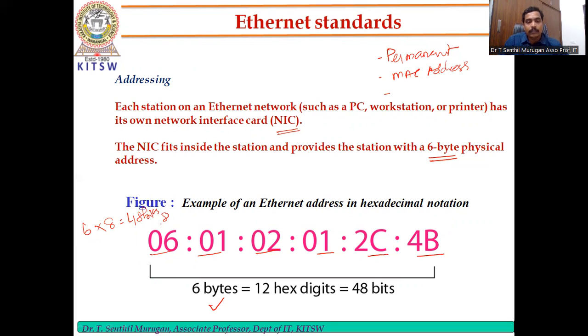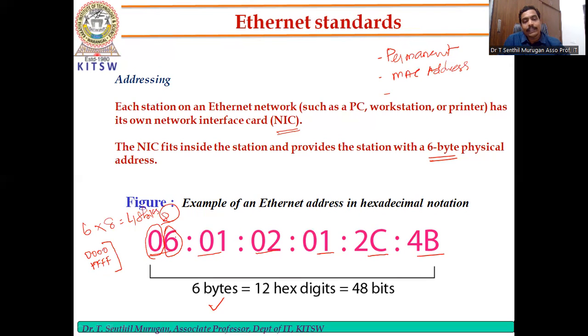Then each byte is written as a hexadecimal number. How can we represent a hexadecimal number? Each hexadecimal digit occupies 4 bits, for example 0002 FFFF.